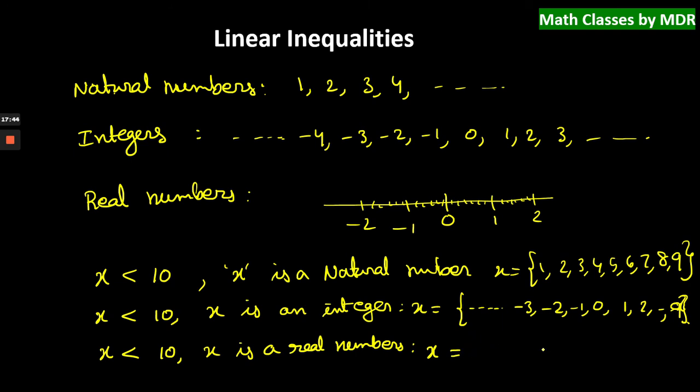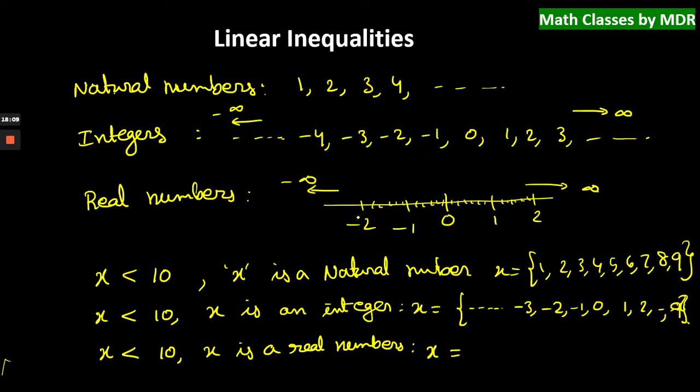In the real numbers also it goes up to minus infinity on the left, and on the right side it goes up to plus infinity. In integers also it goes up to plus infinity and up to minus infinity on the left-hand side. But in integers we do not consider the decimal numbers, rational or irrational numbers.